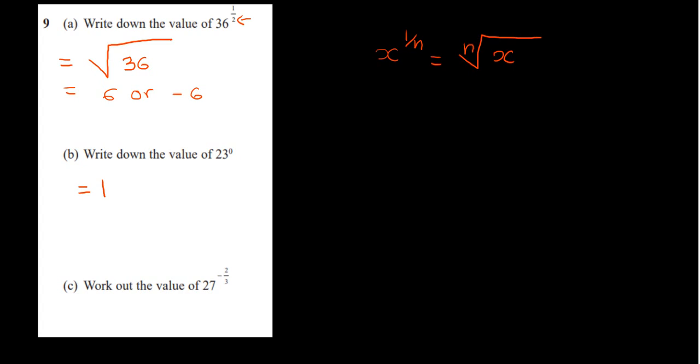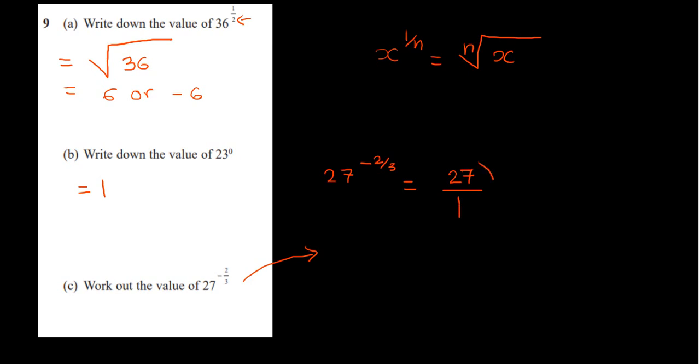And then it says work out, let me just write this question over here. So 27 to the power minus 2 over 3. So I'm going to solve this in steps. Whenever I've got a negative power and I've got a whole number, the first thing I do is I write it as a fraction. To write a whole number as a fraction, you just write it over 1.